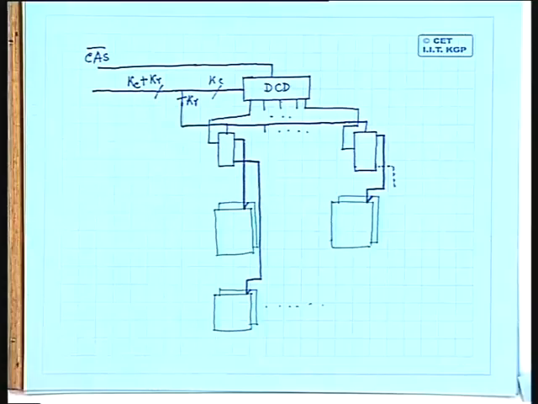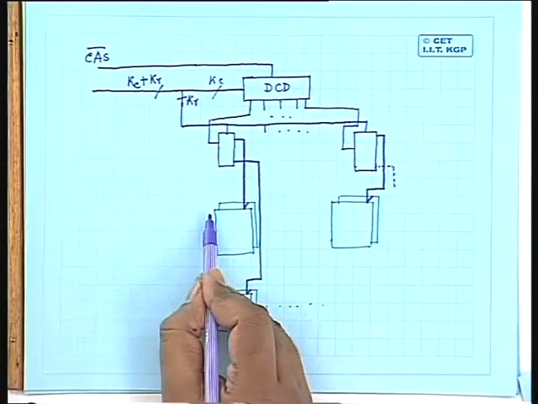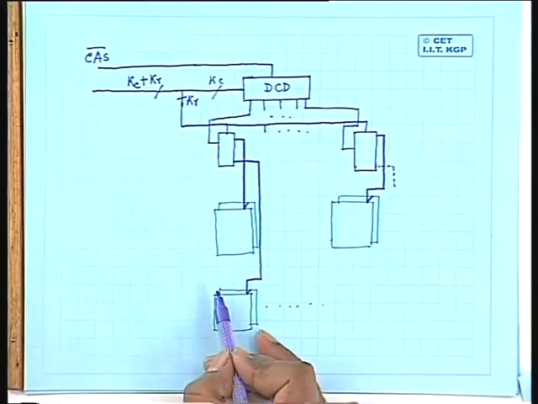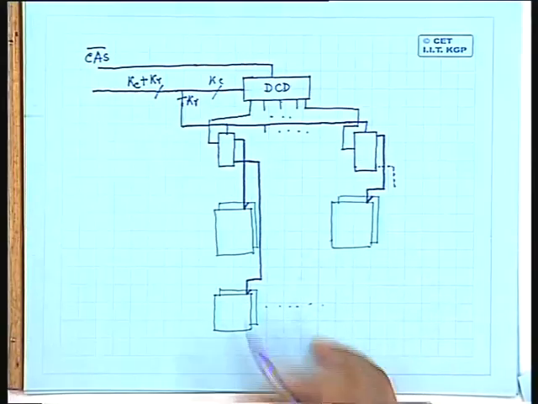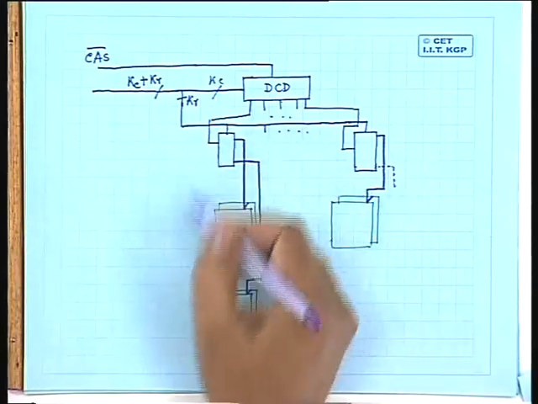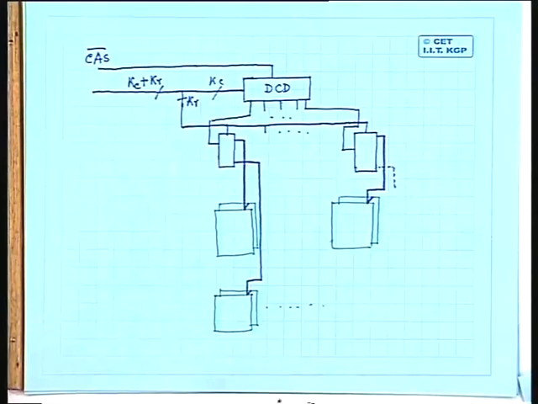Otherwise, your read-write bus signal or the remaining M number of address signals, similarly the data bus, all of them will be connected in the same way as we have done before. So the selection mechanism which is only important is the way you select a particular dynamic RAM chip through the CAS bar signals.